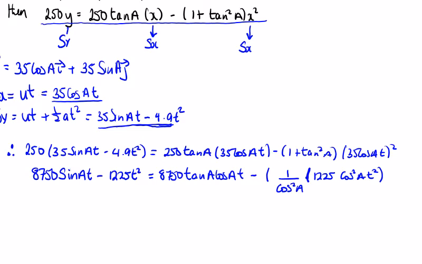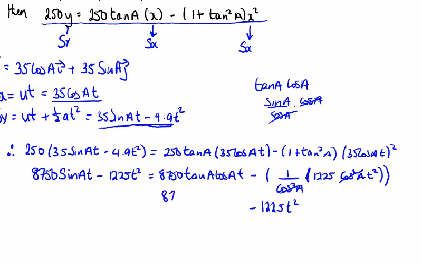So this should simplify to be minus 1225 t squared. We can see actually we have that on the left, and this tan a cos a, tan is sine over cos, so tan a cos a is going to be sine a over cos a by cos a. So we can see that tan a cos a becomes sine a.